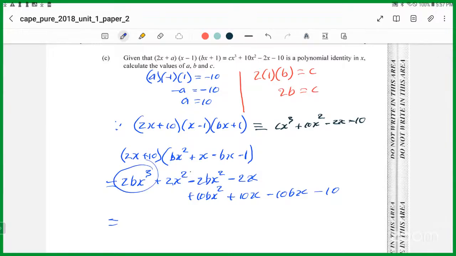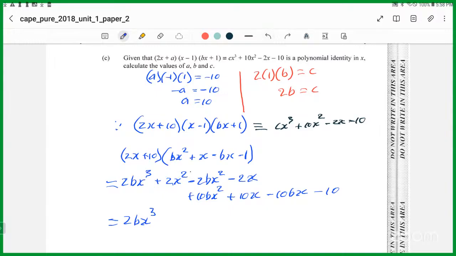Alright. Let's consolidate now. So again, that's the only cube term. So it's 2bx cubed. The square terms now are all of these. Those are all the square terms. Alright. So look at the b part. This is minus 2b plus 10b. That's 8b. So it's 2 plus 8b.